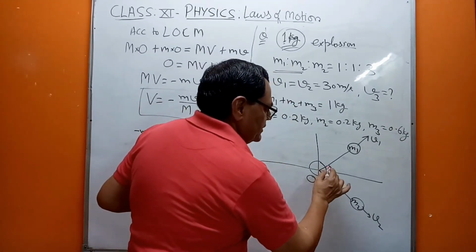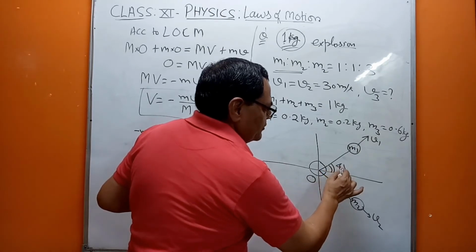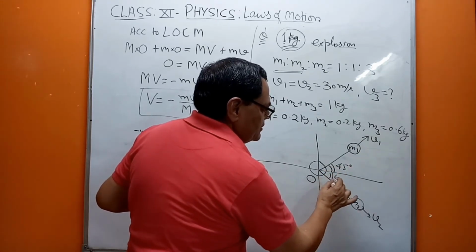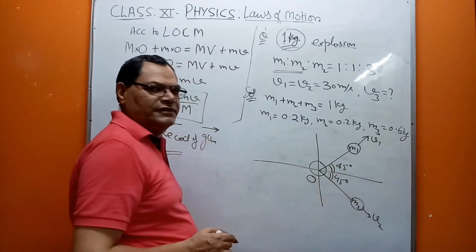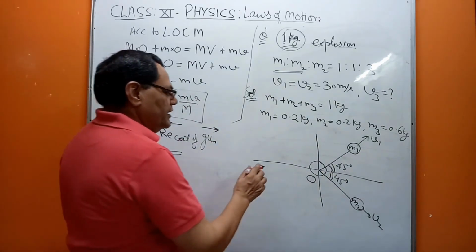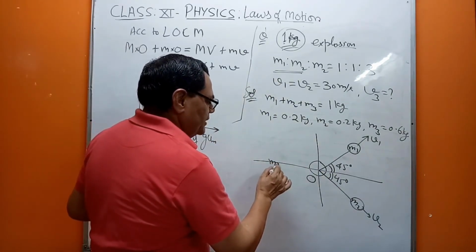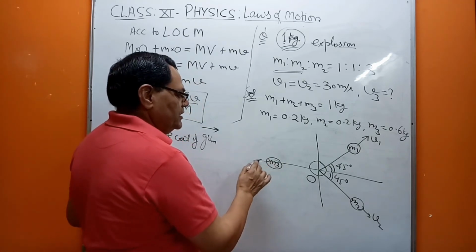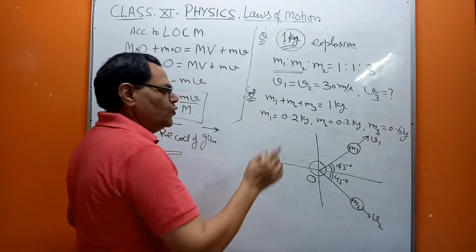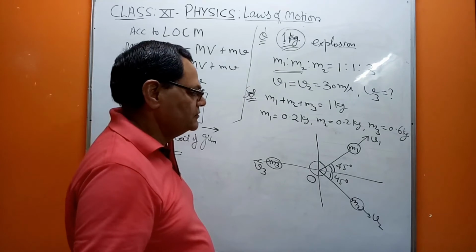Meaning thereby we can take this angle as 45 degrees and this angle also as 45 degrees. And let's say the third fragment m3 moves with a certain velocity v3 this side.